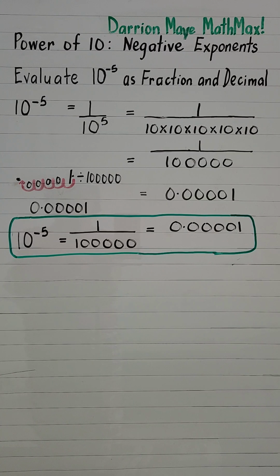So we conclude that 10 to the negative 5 is equal to 1 over 100,000 is equal to 0.00001.